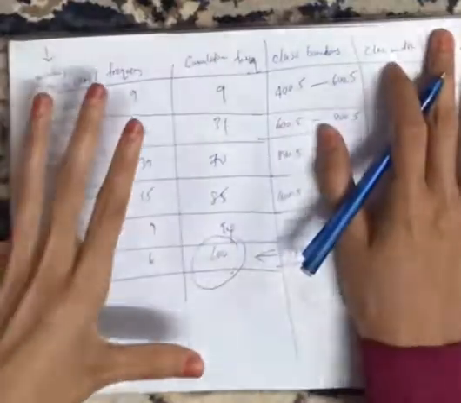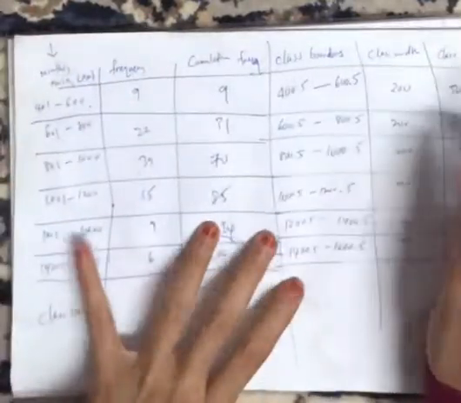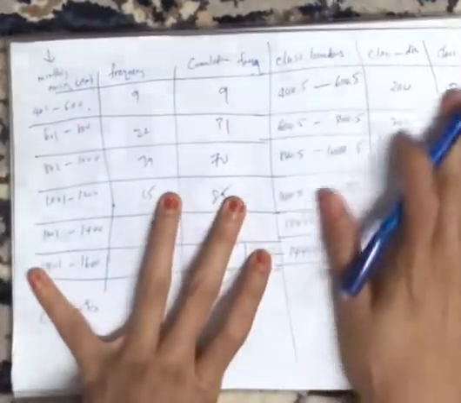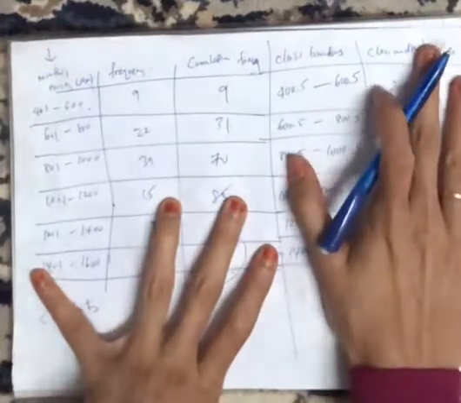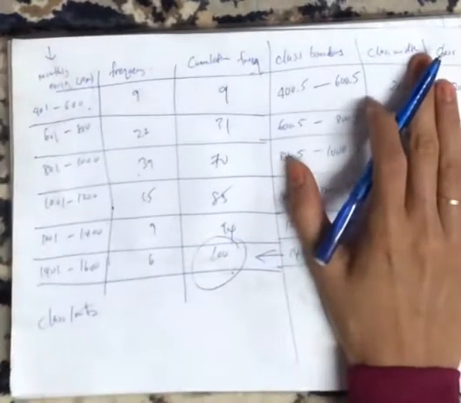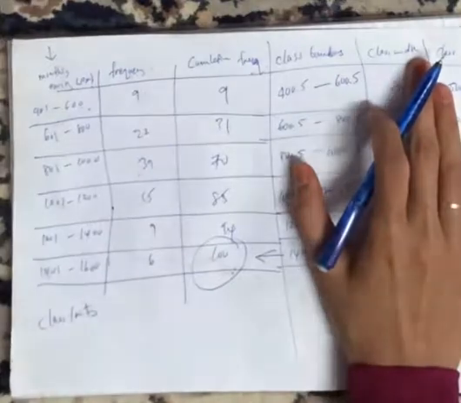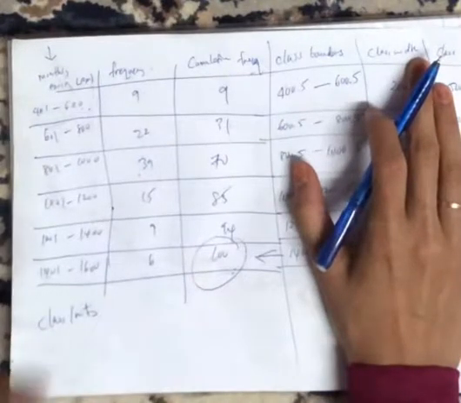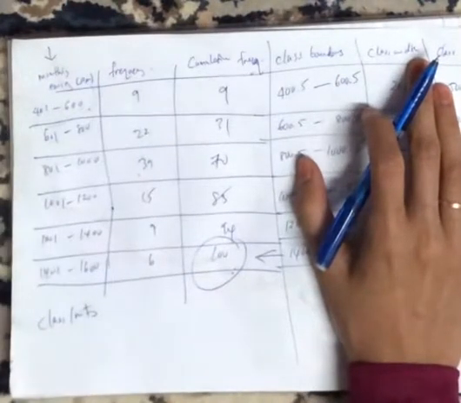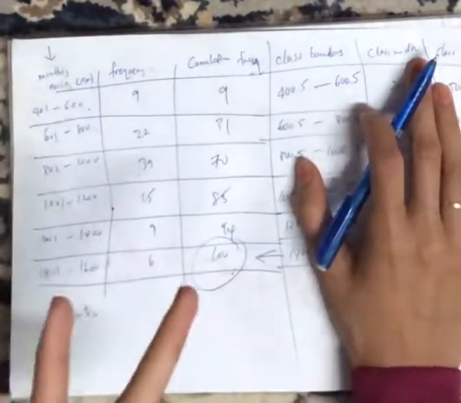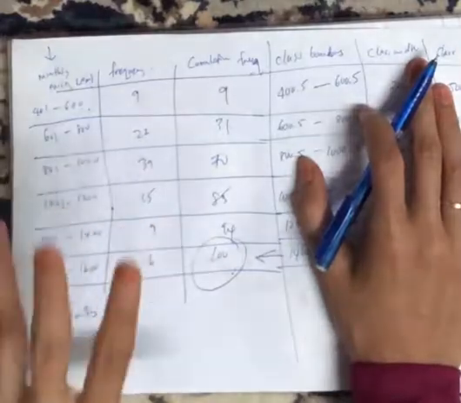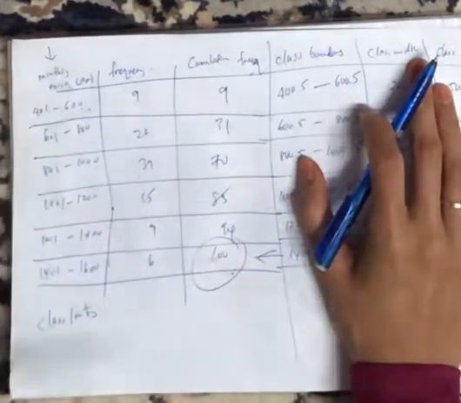Why I show all this class boundary, class midpoint, because this is the important part, the important things that you need to calculate to get histogram, polygon, and also ogive. Remember for the quantitative data you have these three: histogram, polygon, and also ogive.